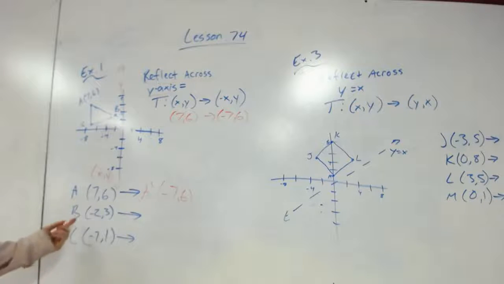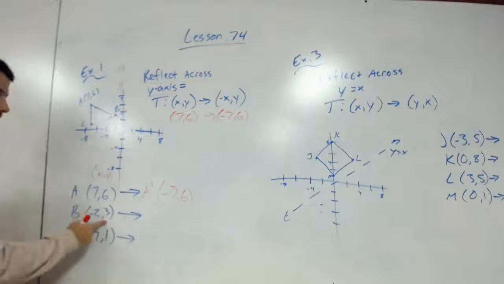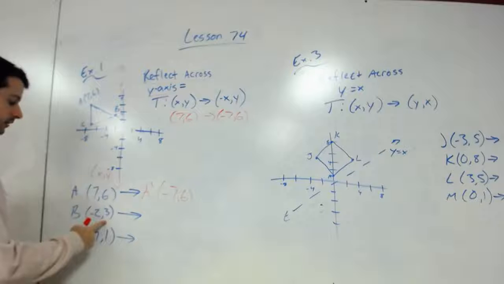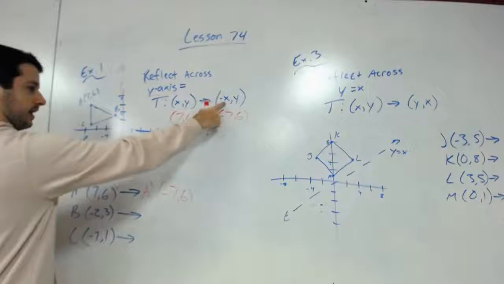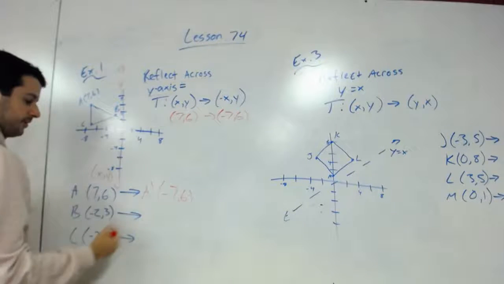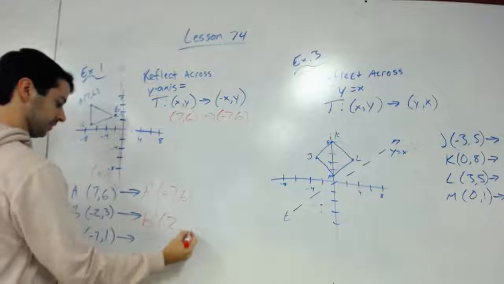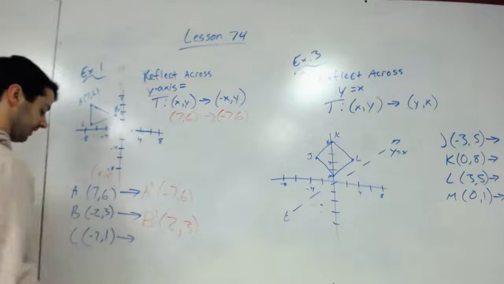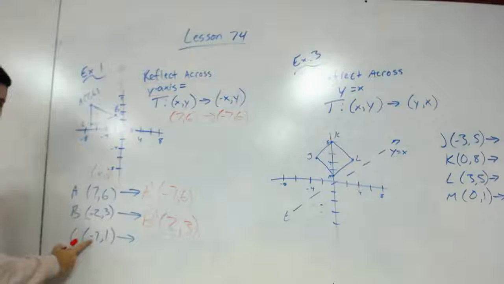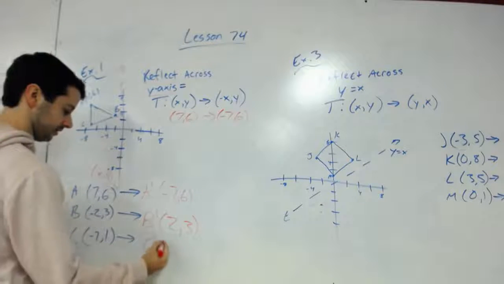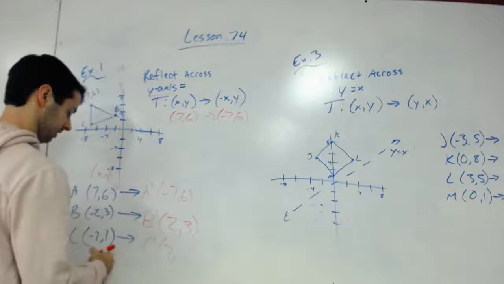So B, you got negative 2, 3. Well, if x has to be negative, we're going to end up having a double negative, so that makes it a positive 2. And then we keep the y the same. Got a negative 7 here, so that becomes a positive 7. And you keep the y.